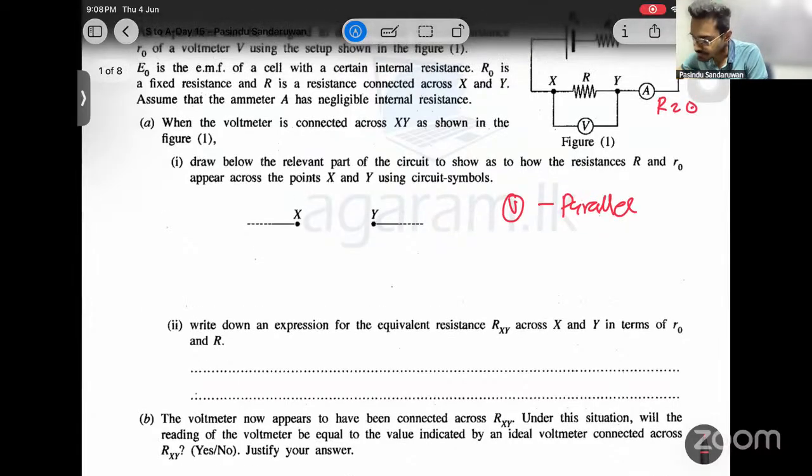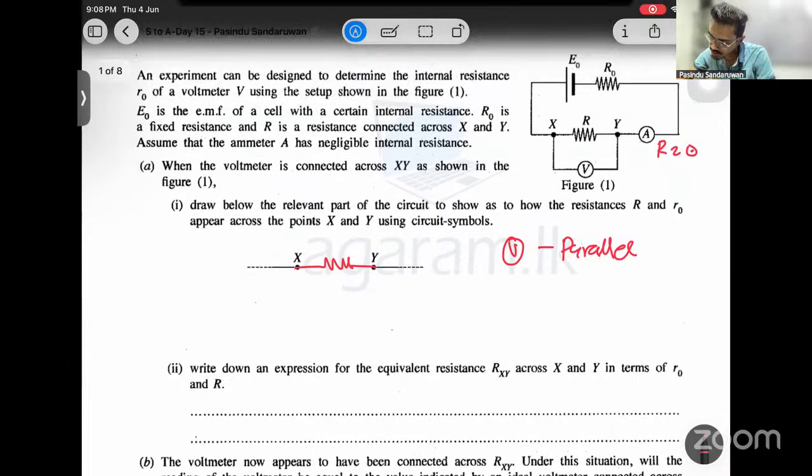Now between X and Y, this given R is already here, and the voltmeter is connected parallelly. When the voltmeter is connected parallelly, we have an internal resistance for the voltmeter, which is given as R naught.